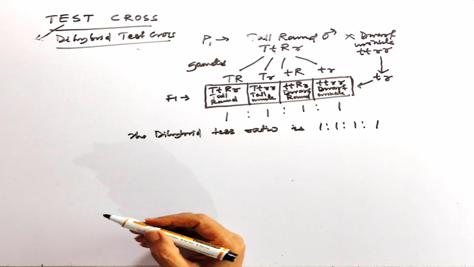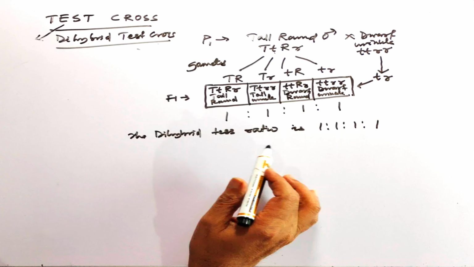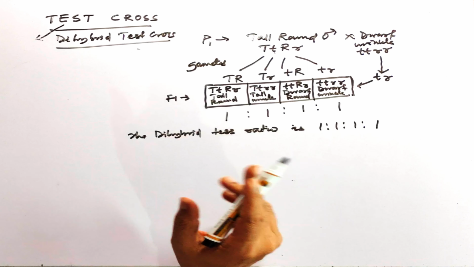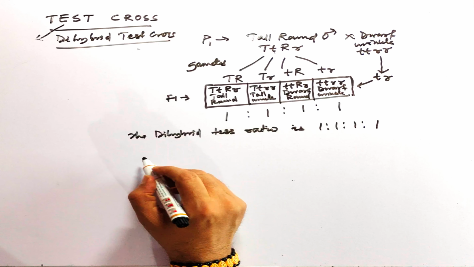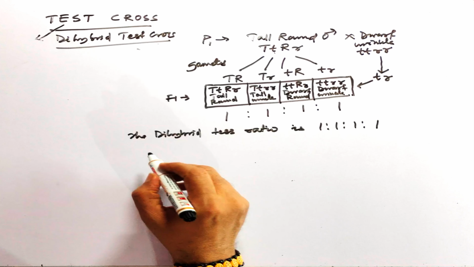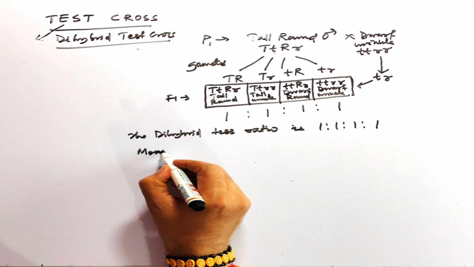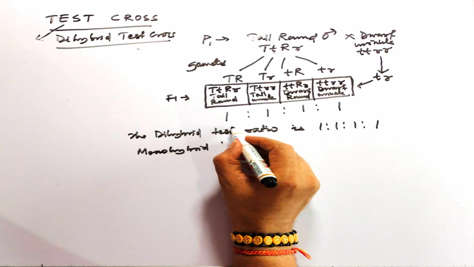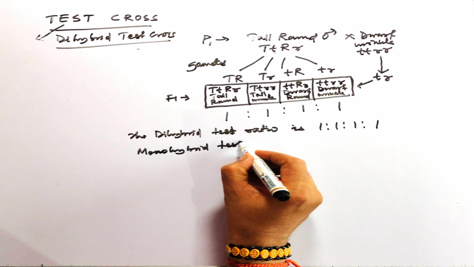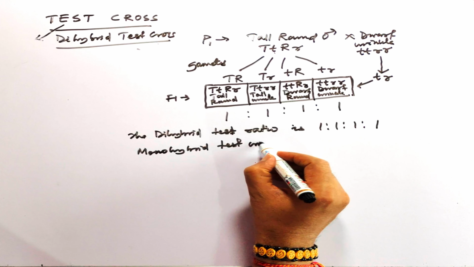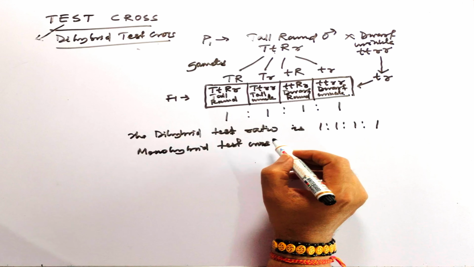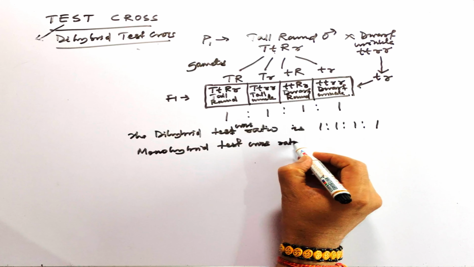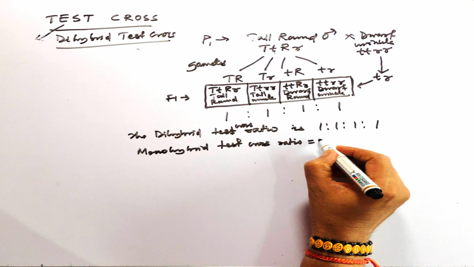So from the monohybrid to the dihybrid, we can also get the polyhybrid test cross ratio by a simple formula. The monohybrid test cross ratio is 1:1.